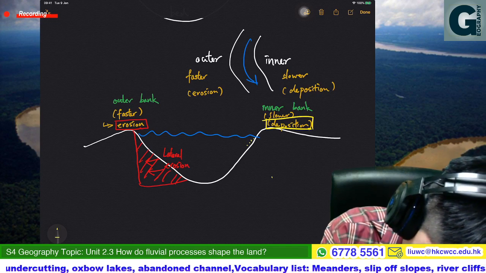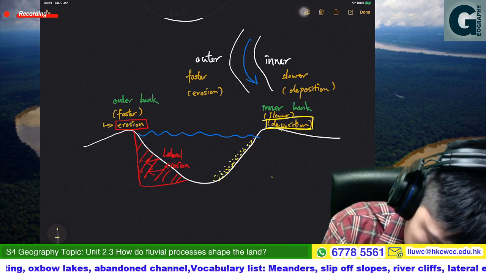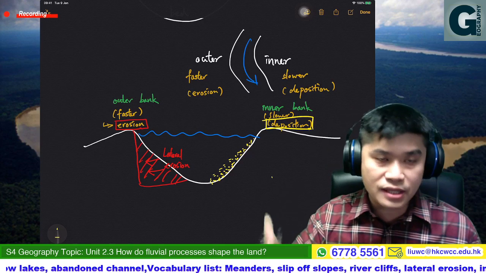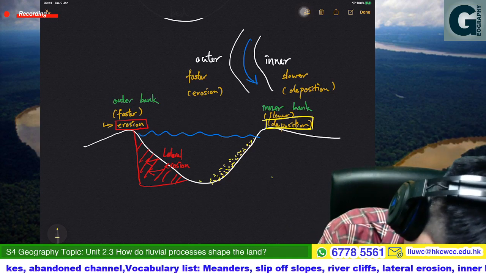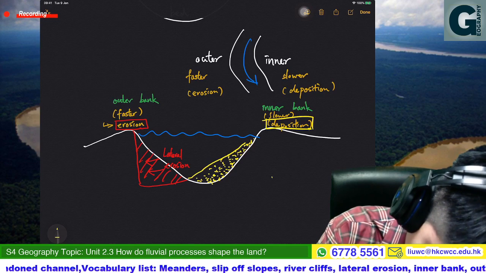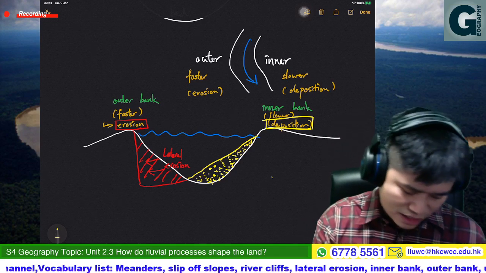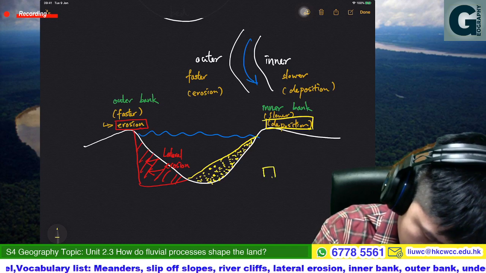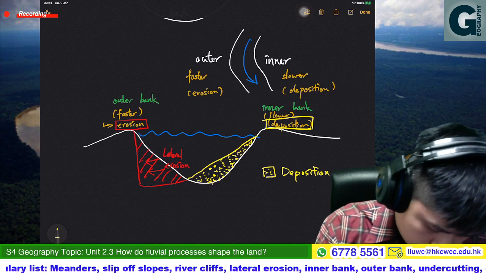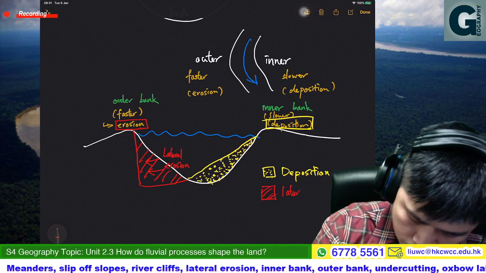So therefore deposition may occur on that side, and the repeating deposition could be like this. So for the key, you may mark here yellow for the deposition, and then the red would be lateral erosion.